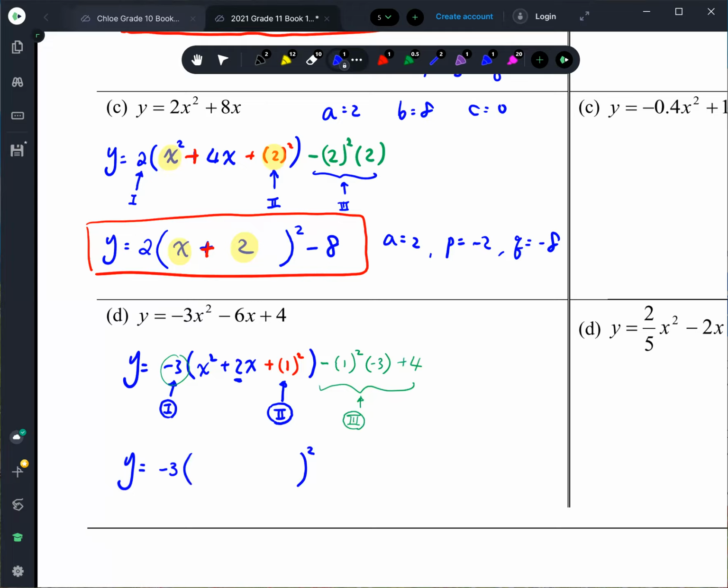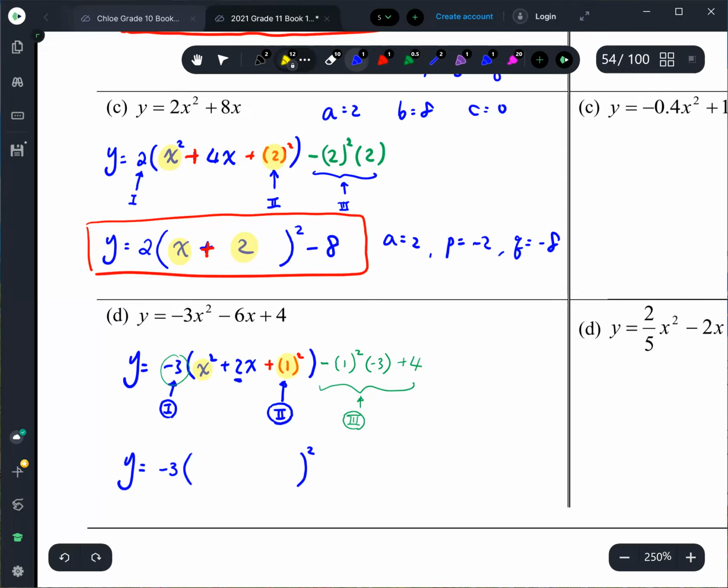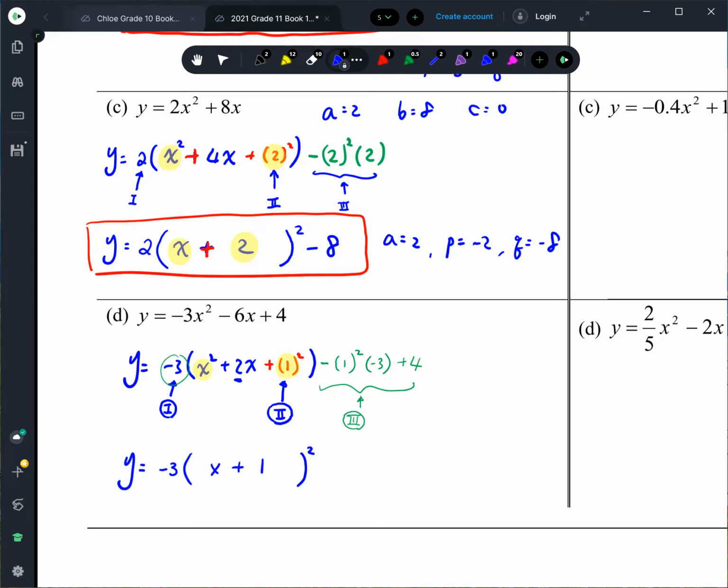Geoffrey? X plus 2. You grab the first one, which is X, and then you grab the last one, which is, yeah. Okay, so inside should be what? X plus 1. Yeah, X plus 1. Okay, double check your homework. Make sure you use the right terms inside.